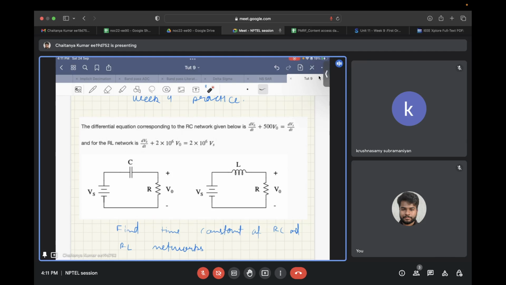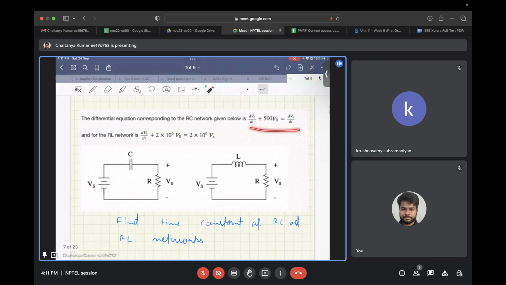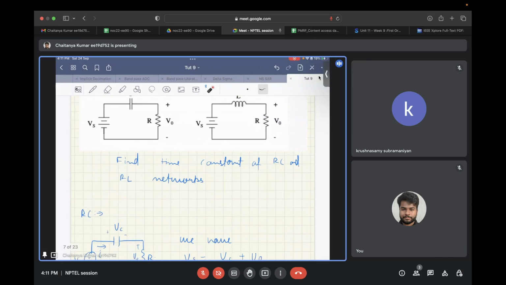And for the RL network, it's dV naught plus 2 into 10 to the power 6 V naught is equal to 2 into 10 to the power 6 Vs. From these given differential equations, you need to find out the time constants for both RC as well as RL networks. Now, let's move to the RC network first.